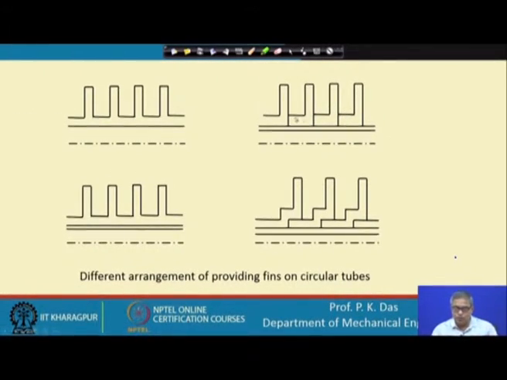So, what we have to do is this: if the tube material is something else, and on top of that we provide a fin arrangement where the fins are made of highly conducting material, then probably our cost will be less.